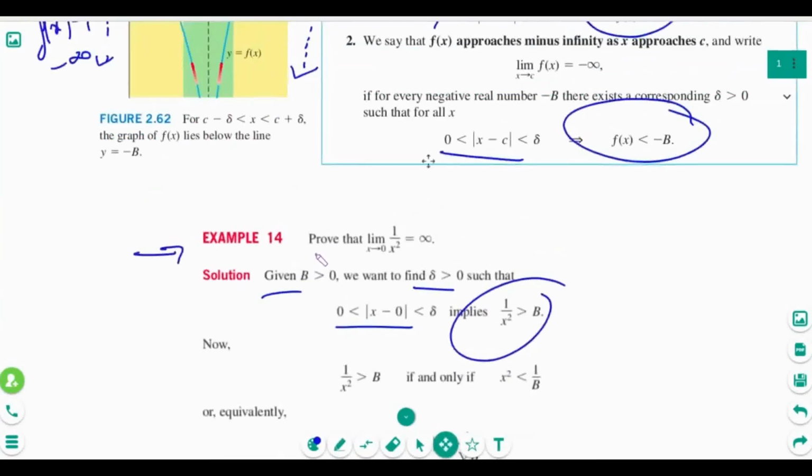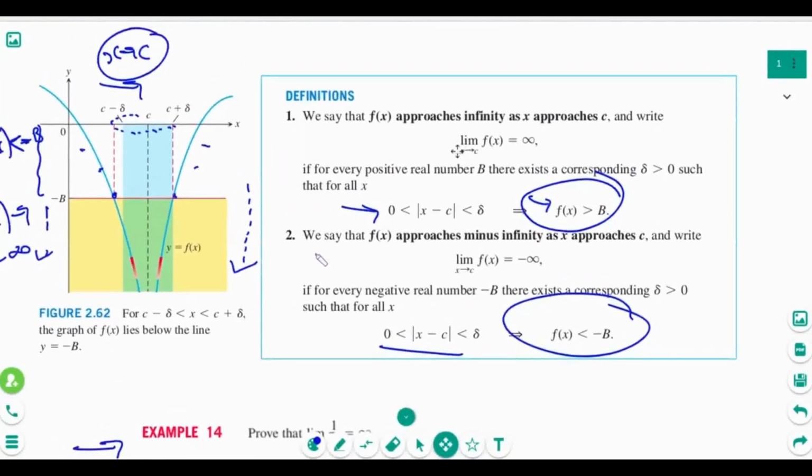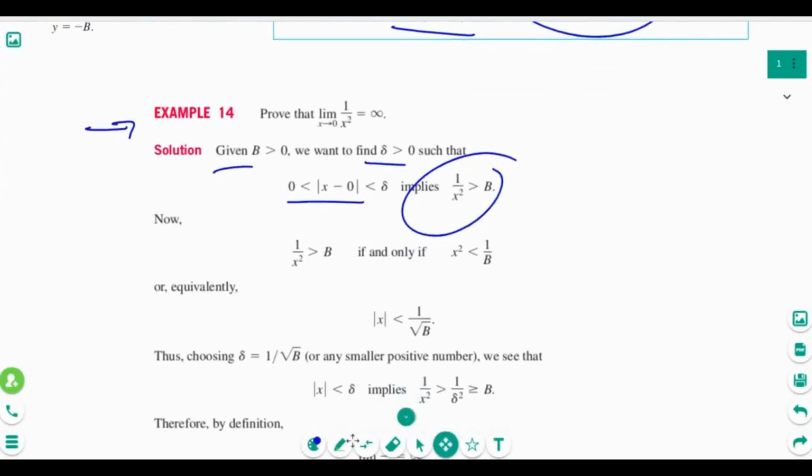So let me first go through this again. f(x) is greater than b, for 0 less than modulus x minus c less than delta. So this we use here. It implies now 1 by x square greater than b, if and only if x square less than 1 by b.